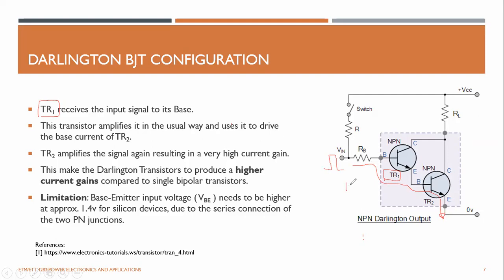If you provide any voltage greater than 1.4 volts across this point, these two PN junctions are biased. Typically, if you provide 5 volts and select a resistor in the range of 100 ohms or so, that will do the job and provide more than 1.4 volts.